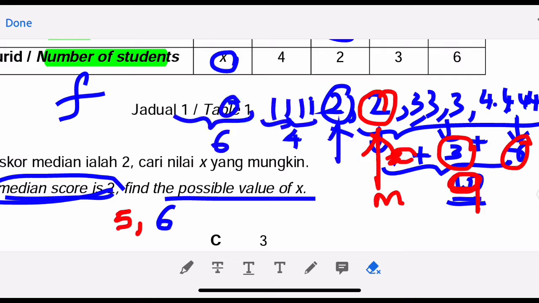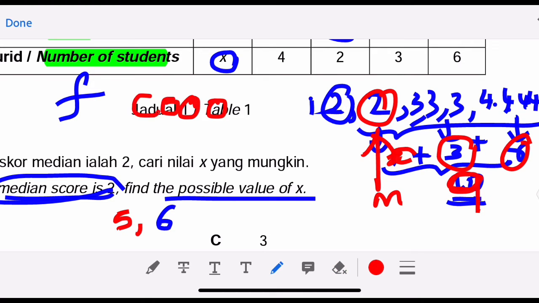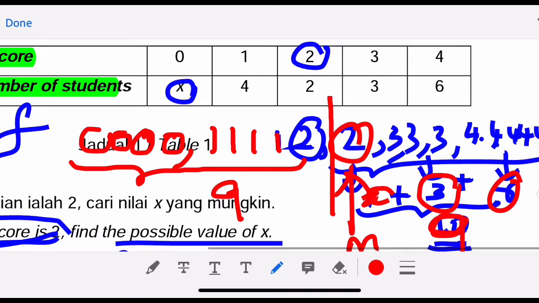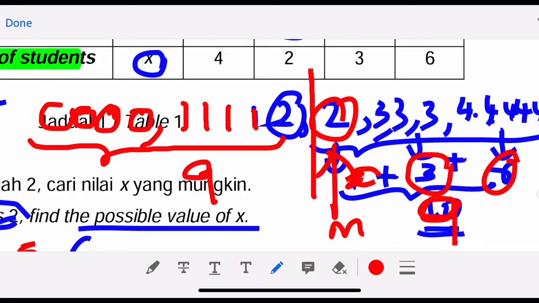Okay, if we have 0, 0, 0, 4, 0, 1, 1, 1, we have 3, 1. So we have 9 here, 9, and here the middle, right? Okay, so here will be 6, 3, 9.